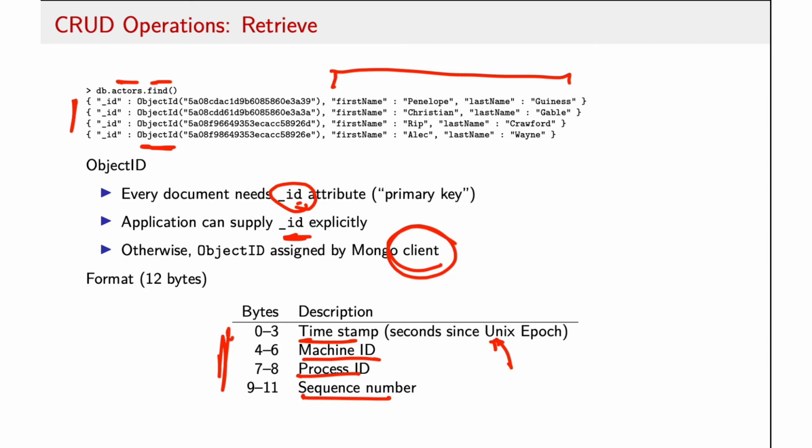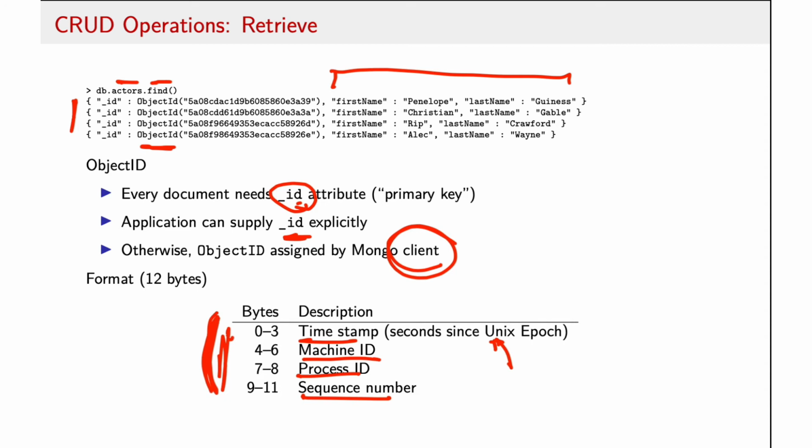But when we're thinking about a distributed system, where we've got a bunch of different servers running pieces of the database, we can't rely on a central server for that purpose. Instead, the client itself is empowered to generate these object IDs. And that's why the contents of the ID has a lot to do with when it was created, where it was created, what process created it, and then a sequence numbering that's unique to that particular machine.